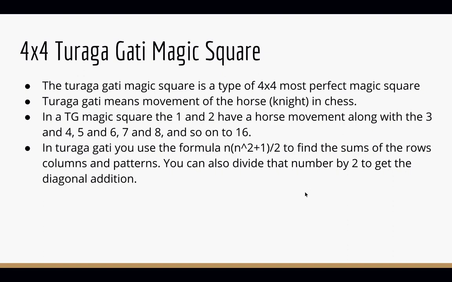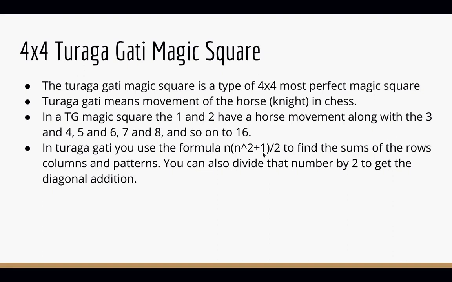Now we used a different formula for the magic sum, you may think, but these two formulas are equal. So the formula 1/2 times n squared plus n over the square root of n is equal to the formula shown here, n times n squared plus 1 over 2. So these both give you the same answer.